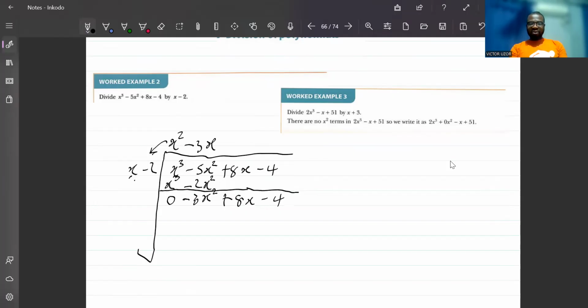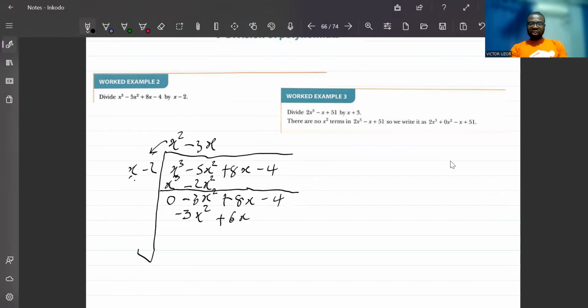So you multiply again. Minus 3x multiplied by x gives minus 3x squared, and minus 3x multiplied by minus 2 will give you plus 6x.